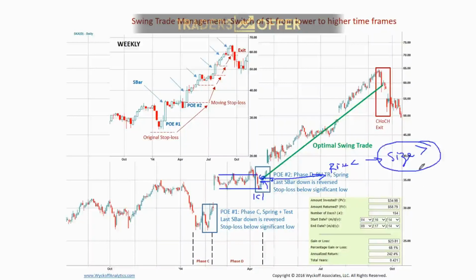If you're increasing the size of that position and you're not exiting on the first sign of changes of character, which just basically constitute that the trend is going to continue, but there's going to be some kind of consolidation.